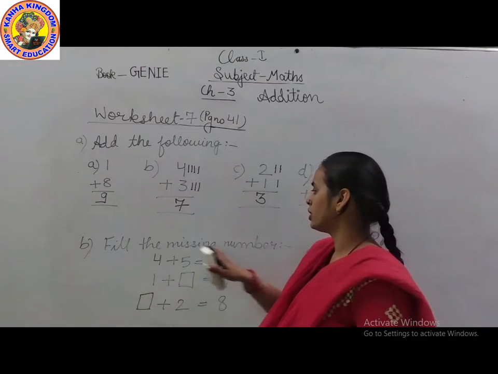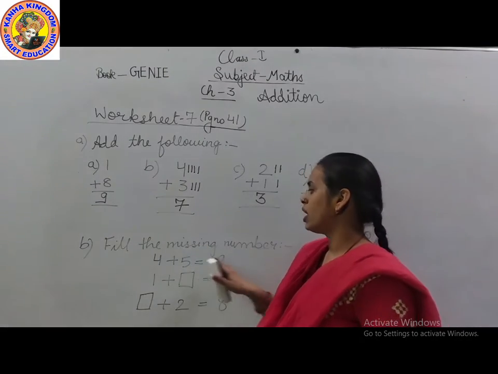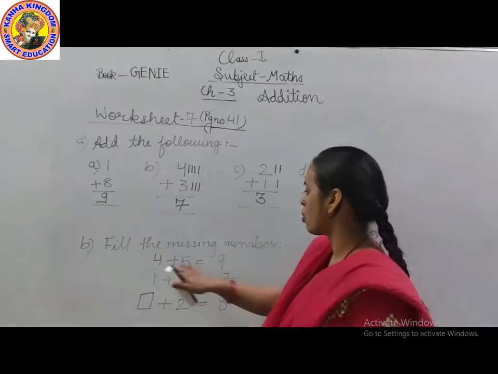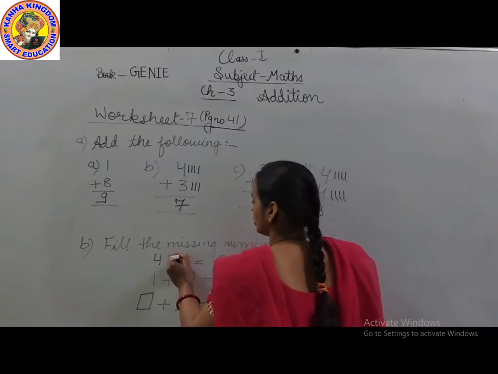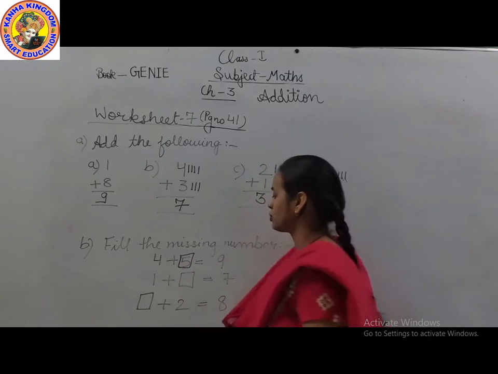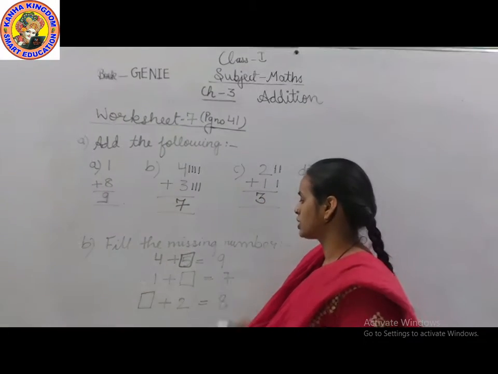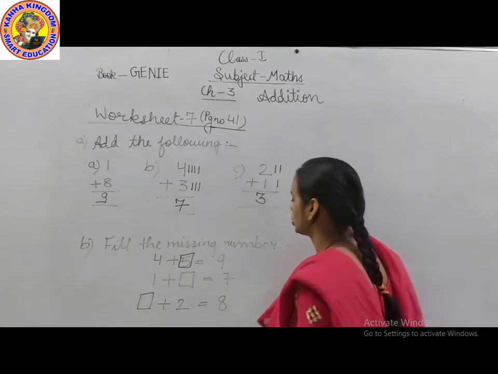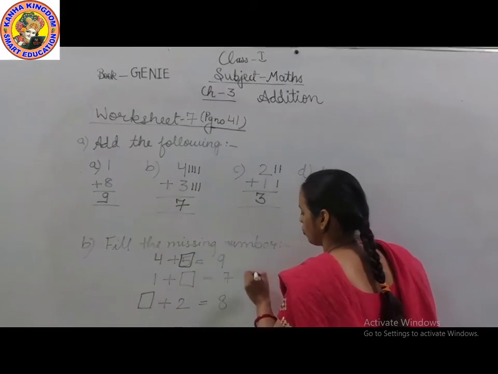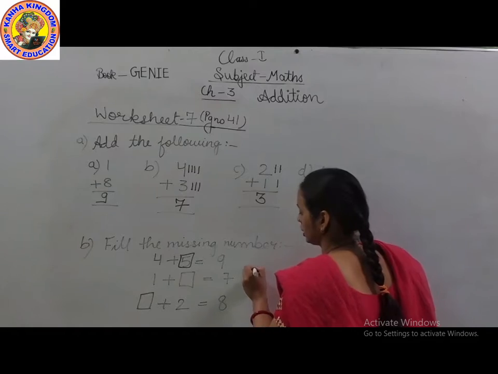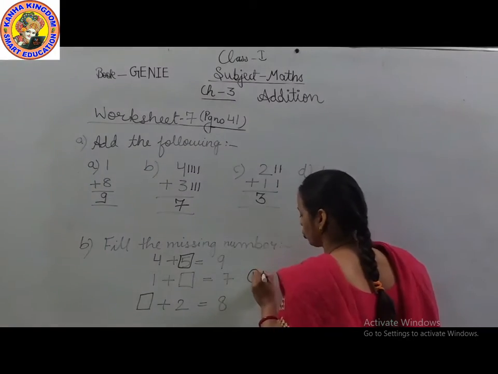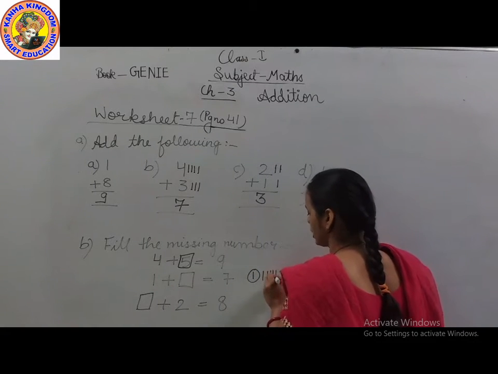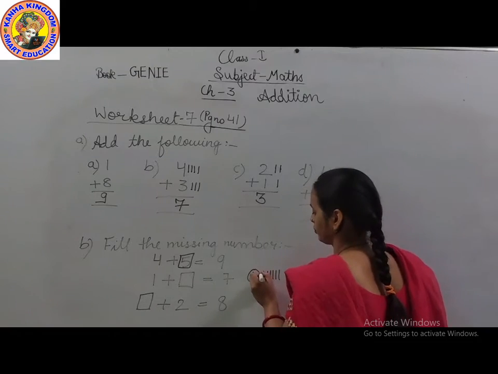Fill the missing number. One has been done in your book. 4 plus 5 equals to 9. Next question is 1 plus dash equals to 7. So 1 and then blank. So 2, 3, 4, 5, 6, 7.